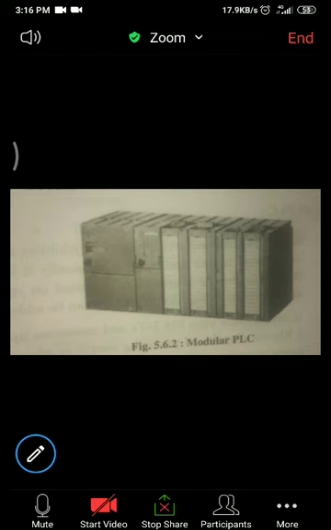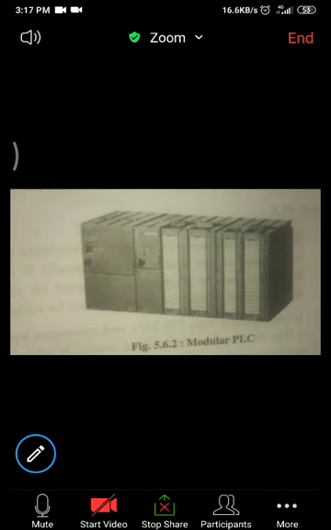Unitary PLC has 32 input outputs, and you can add 100 more to a small PLC by using an expansion card. But in a medium PLC, you have input outputs up to 2048 and memory up to 32 kilobytes. So this much program size can be loaded into the memory. So this is a medium PLC.